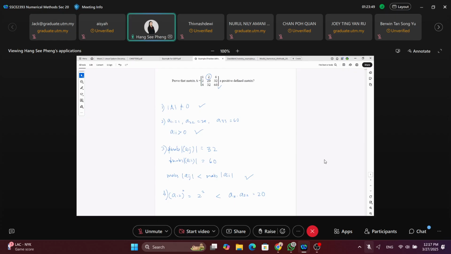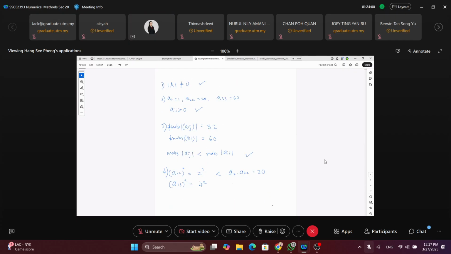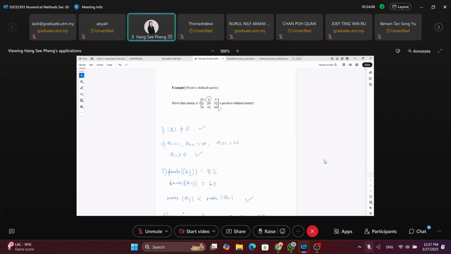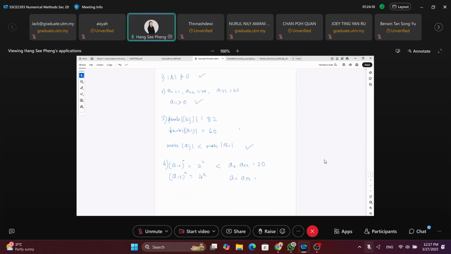Then we test for A13 square, 4 squared, whether that is smaller than A11 multiply A33. A11 is 1, A33 is 60, so this is 60. So 16 is smaller than 60.